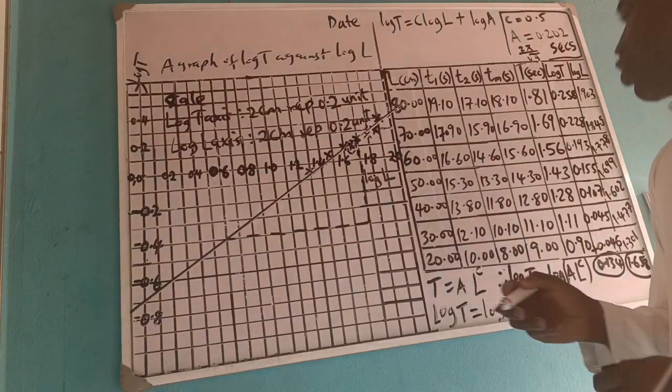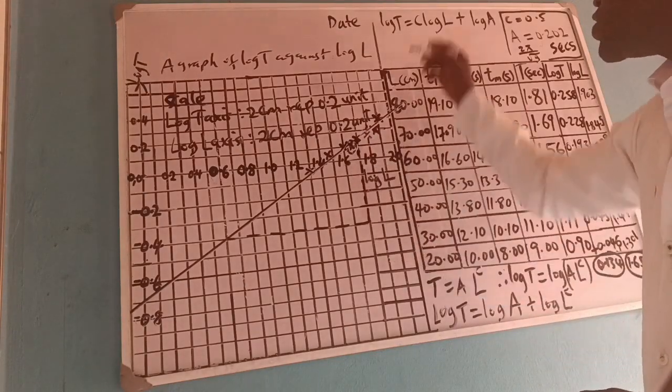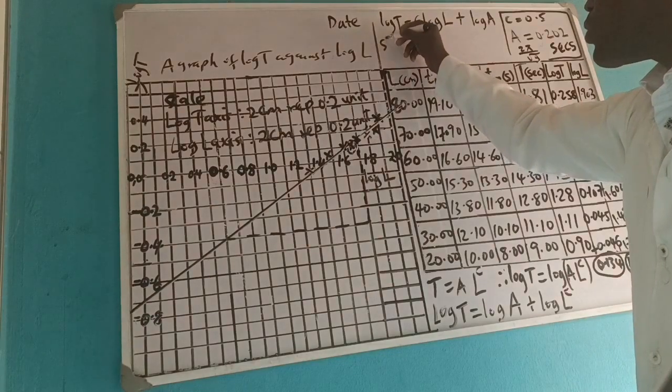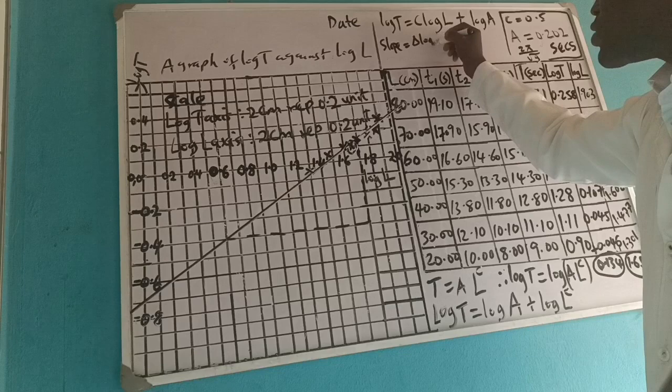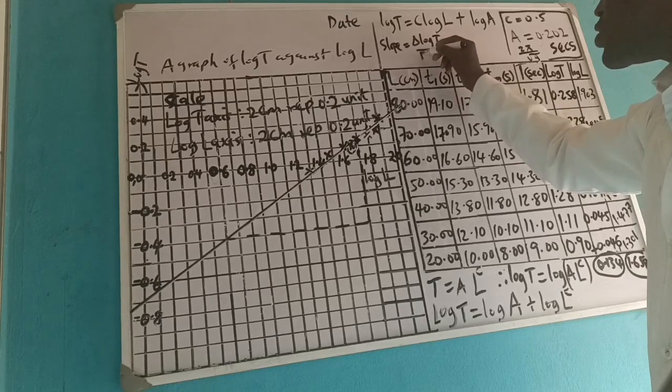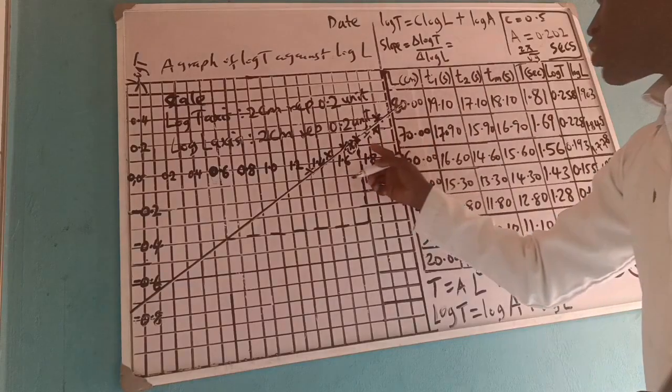So my slope is going to be change in log t all over change in log L. What is change in log t?